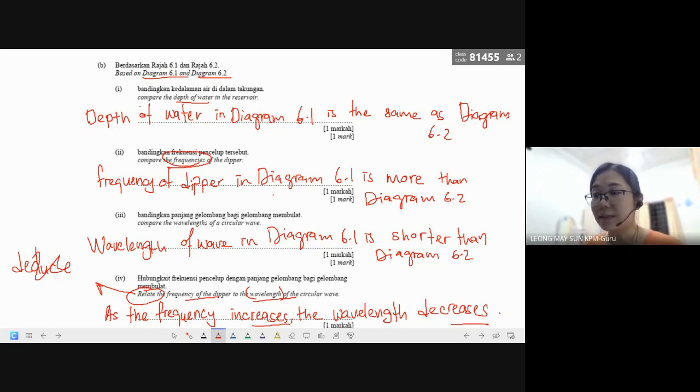So to me, this is a simple question. Don't lose your marks on this question. Comparing questions come up at least three times. Question number 5, question number 6, and question number 11 are comparing questions. So there are 3 questions that ask you to compare. 3 times 4 marks is 12 marks already. That is a very valuable 12 marks.